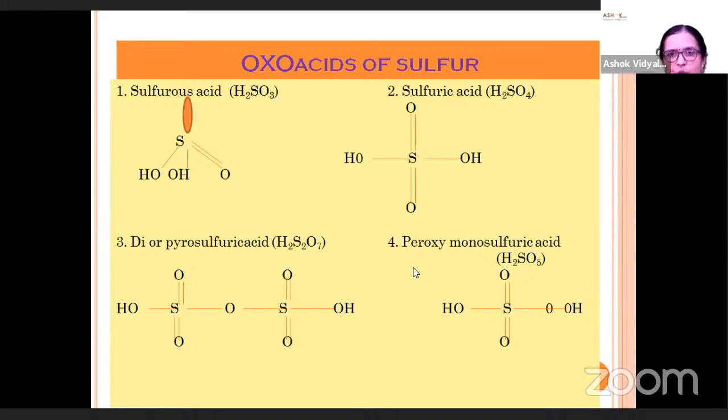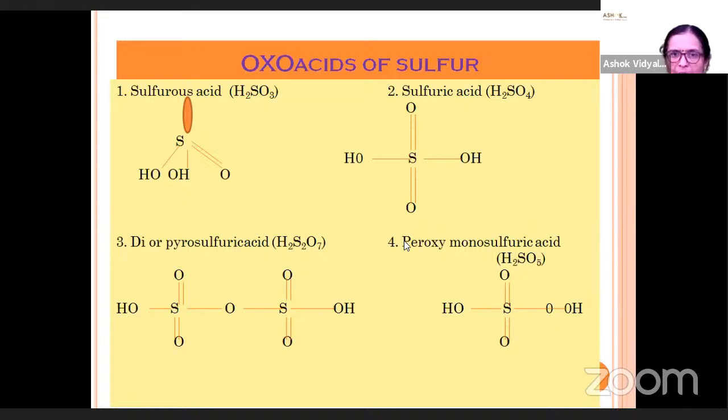Then the next oxo acid of sulfur is peroxymonosulfuric acid. In this, the central atom sulfur is bonded with 1 OH and 2 SO double bonds, that is S double bond O, S double bond O, and it is bonded with an OH group, but that bond is not direct, it is through this oxygen.